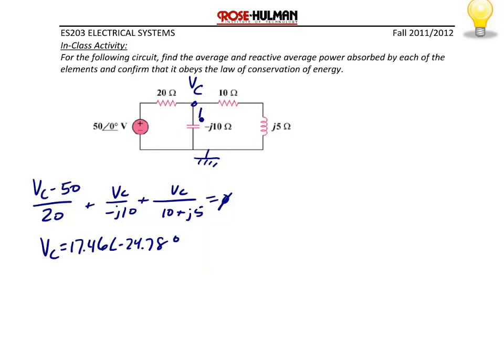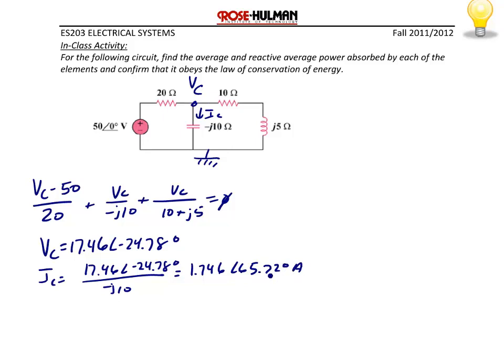So if I want the current through the capacitor, it would be equal to 17.46 with an angle of negative 24.78 degrees divided by negative j10, which yields 1.746 with an angle of positive 65.22 degrees, and the units are amps.